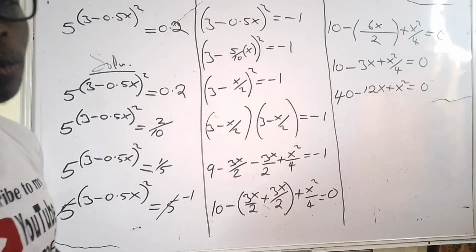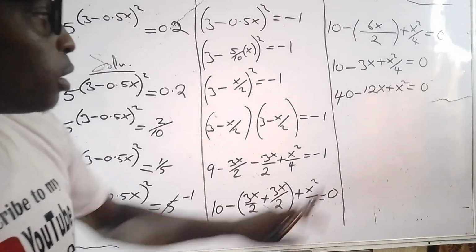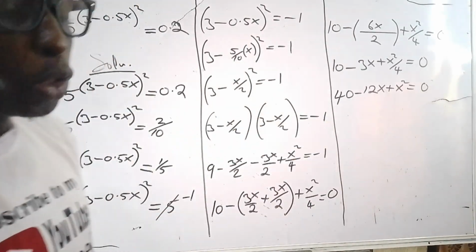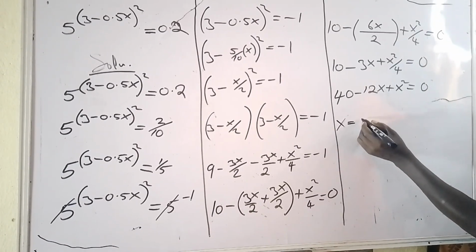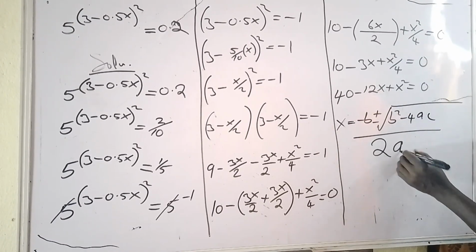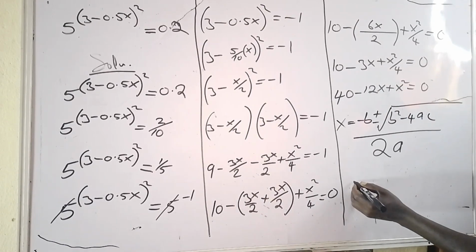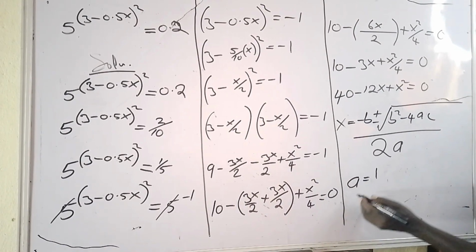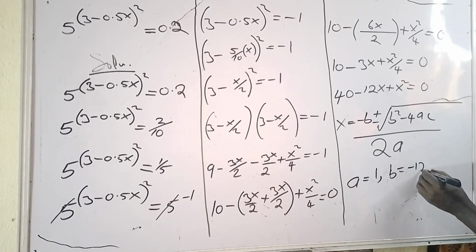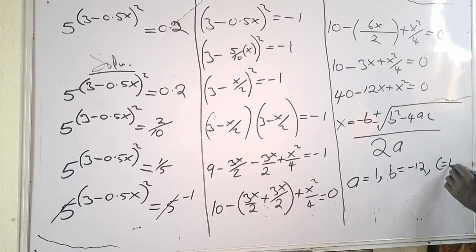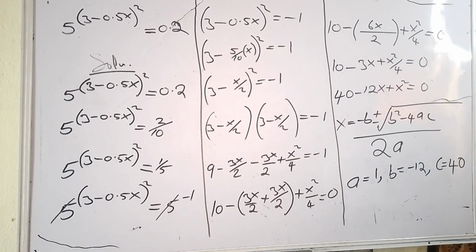So let me use the formula for solving this particular equation, which says a. Our a is 1, our b is minus 12, and our c is 40, which is positive. So let me clean this side.